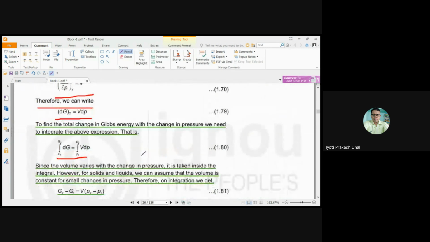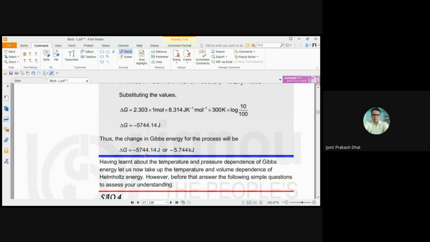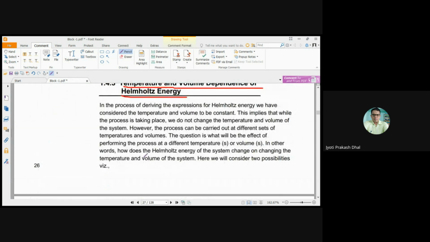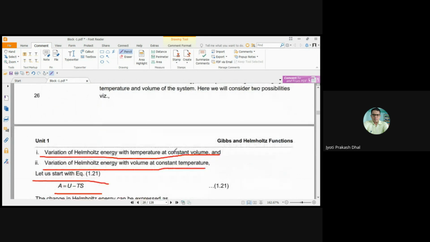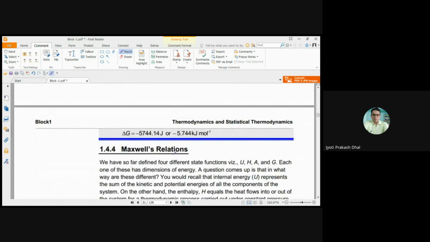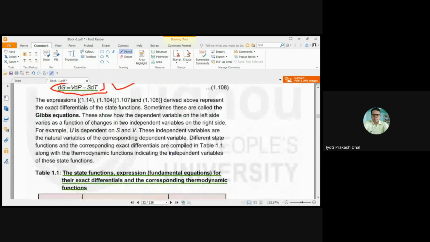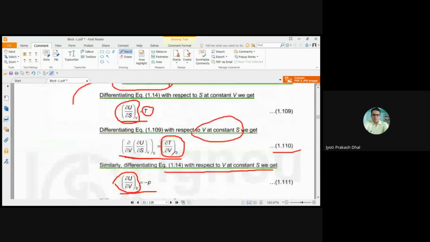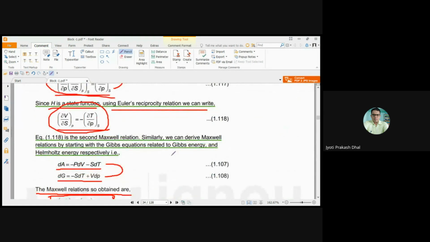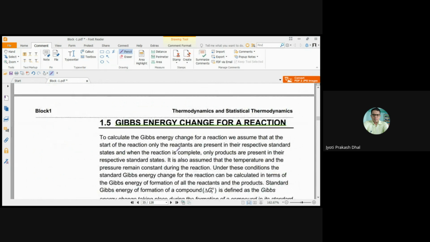After that, derivation of the Maxwell's relationships is another long question. You will find derivation of the four different Maxwell's relationships applying the derivative term.